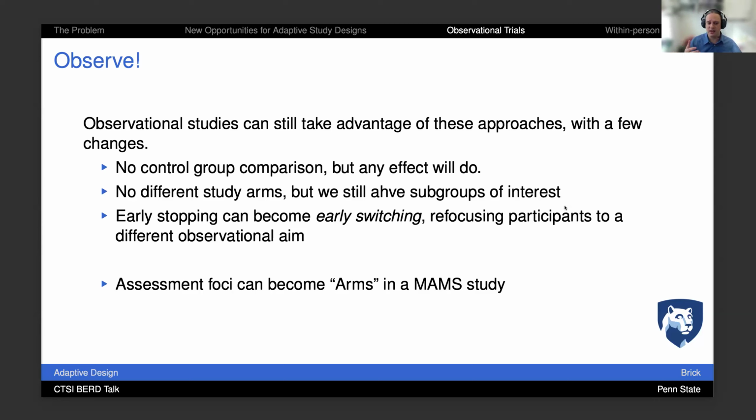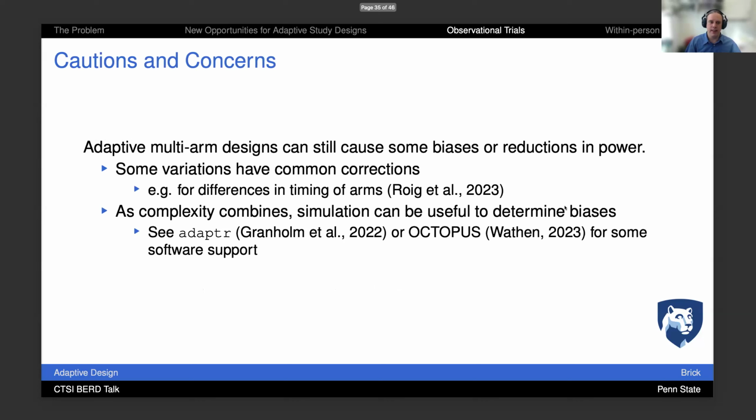In that sense, the different assessment foci can be different arms in a MAMS type study, where as we understand what's happening in one place, we can close down an arm and stop asking those questions in favor of asking other questions. I will say, again, this has not been done very often. This is not something that a lot of people do, but there's a lot of opportunity for it.